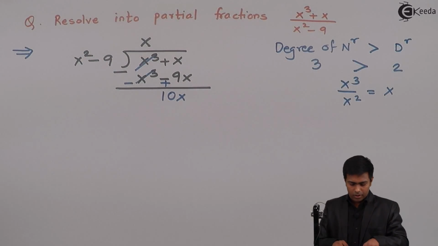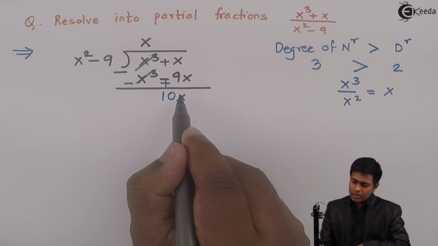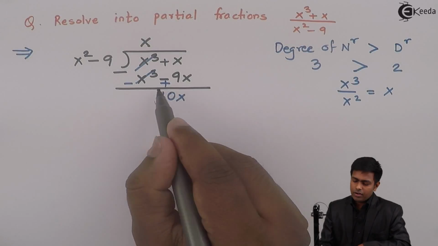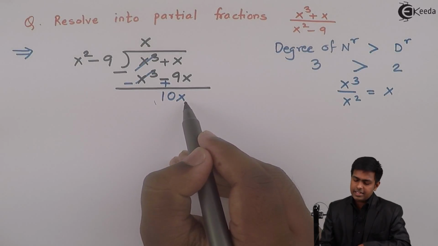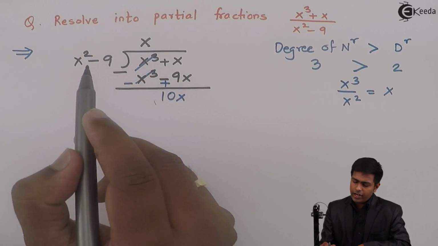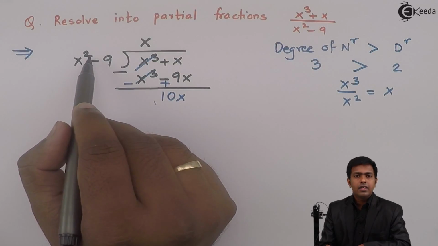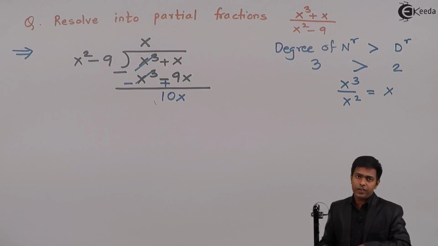Now further we cannot perform the division because the degree of the dividend is less than the degree of the divisor, and whenever we get the degree of the dividend less than the degree of the divisor, that time we stop the process of division.